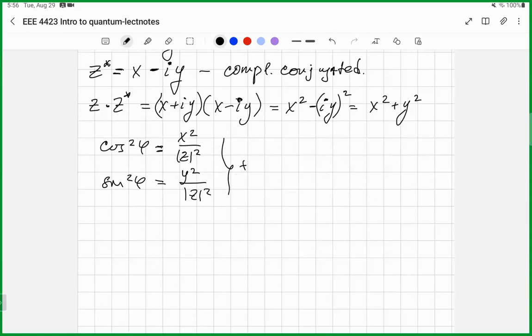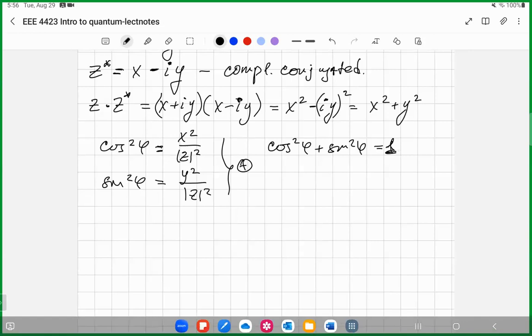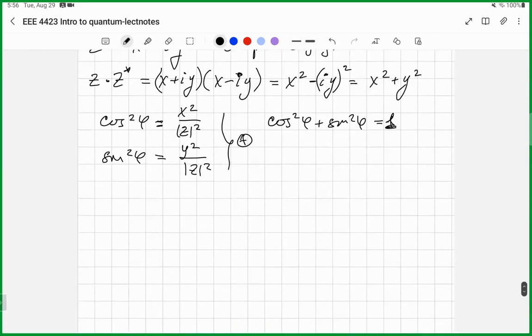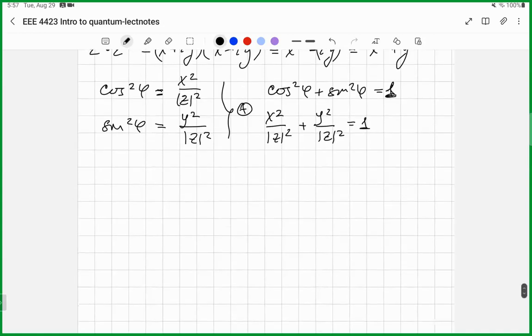And now if you take the sum of the two, you get cosine squared phi plus sine squared phi, which is equal to 1 for any angle phi, right? So x squared over modulus z squared plus y squared over modulus z squared is equal to 1. So you multiply by modulus z squared both parts, and you get x squared plus y squared equals modulus z squared.